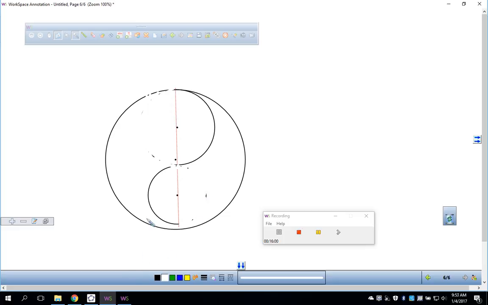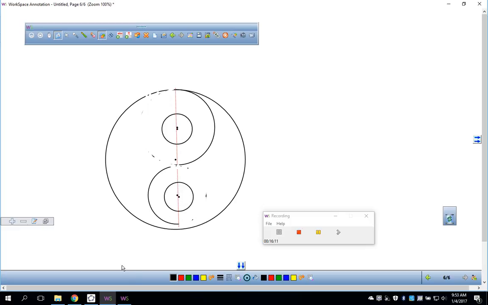And then if you want to make it fancier, you can make another circle over here and there. And then you could color and make it look beautiful. Okay? And then you'll have peace and harmony in your life. Isn't that what that means? You got the good with the bad. And that's about it. So that's how you make that using your construction tool.